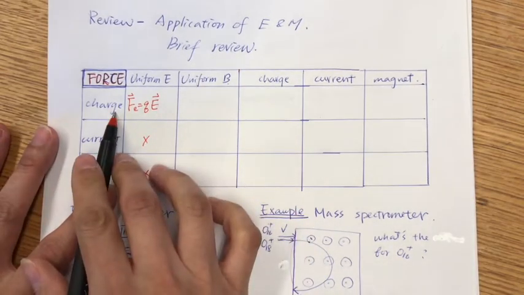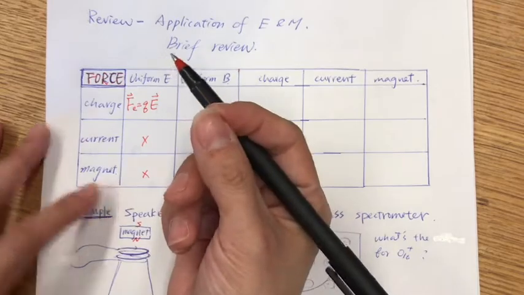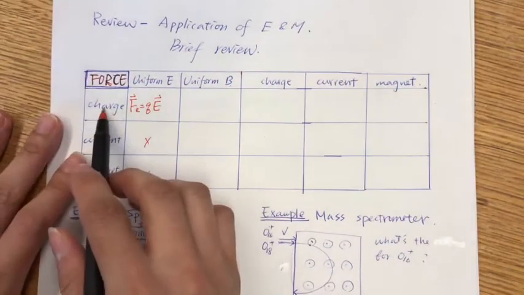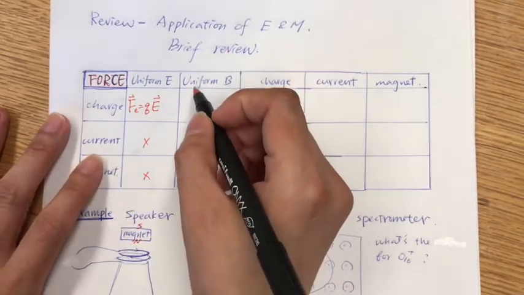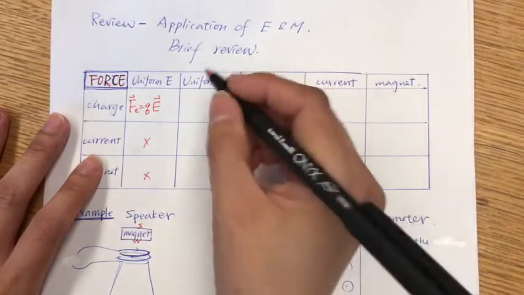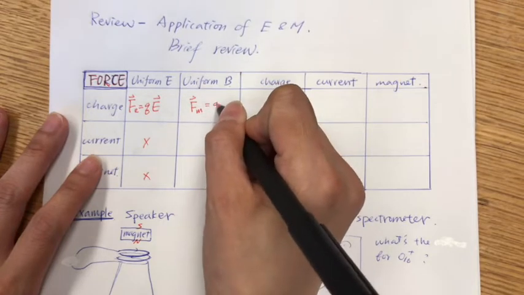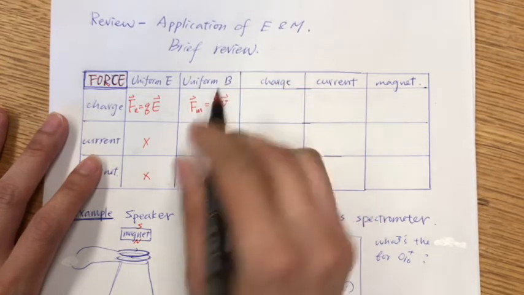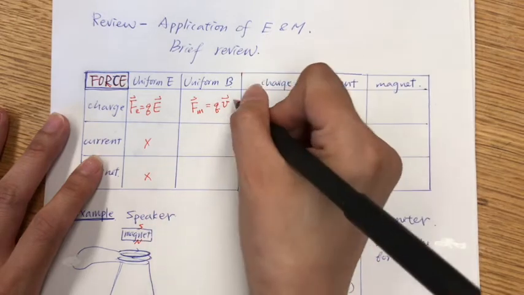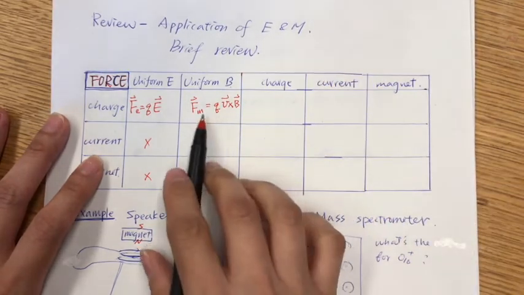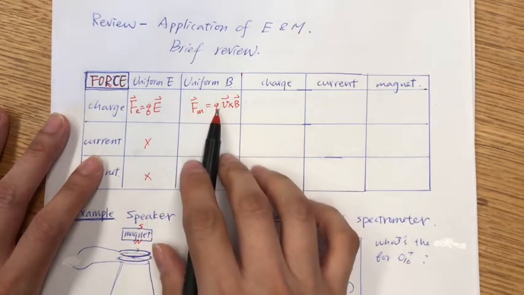And if I put a charge right next to a magnet in the uniform magnetic field, this charge, if it's not moving, then nothing happens. But if it's moving, it will feel the magnetic force. A moving charge feels the magnetic force, where the magnitude of this magnetic force is just QVB.